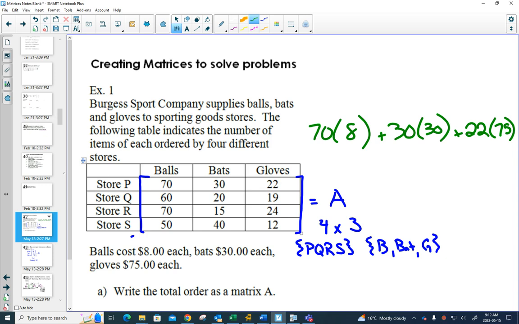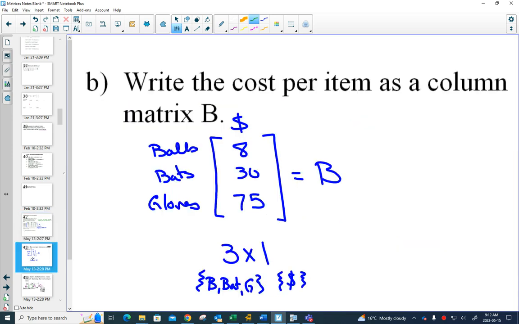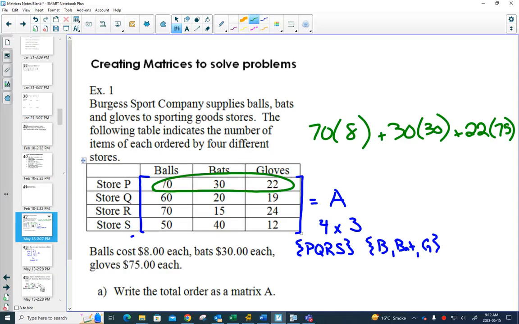But can you see that all that is this row turning sideways and crashing into this column? The 70 hit the 8, the 30 hit the 30, and the number that was there hit the 75. Was it 22? And you just need to multiply them and add them together.